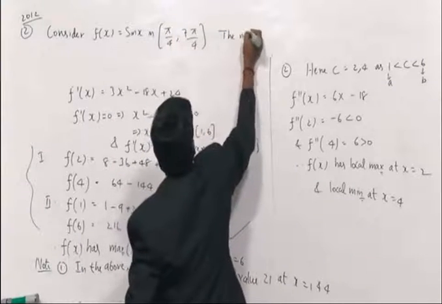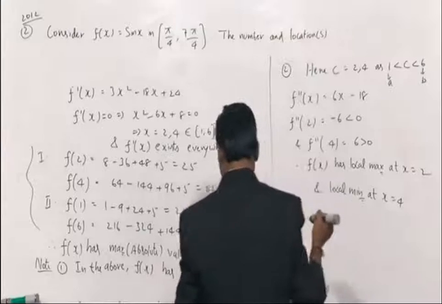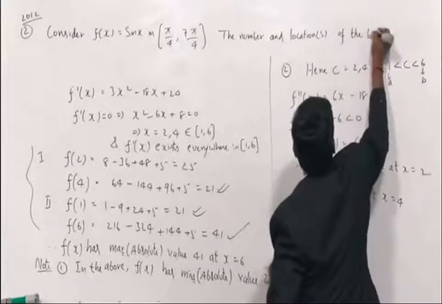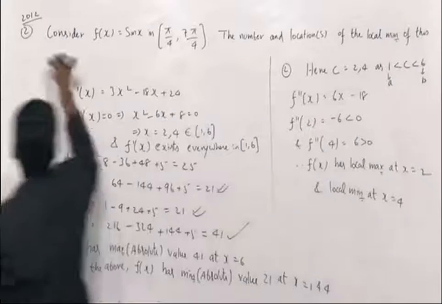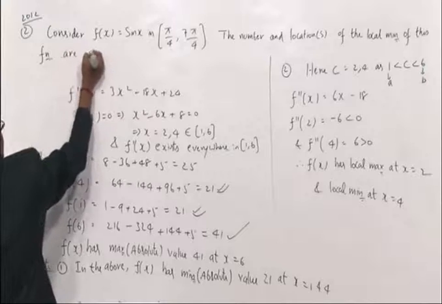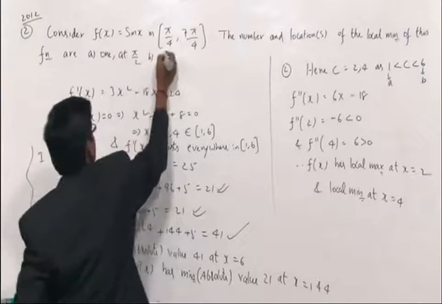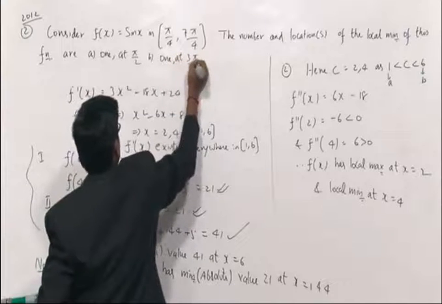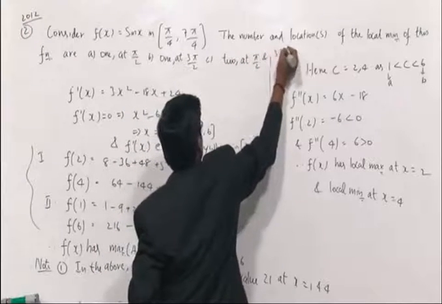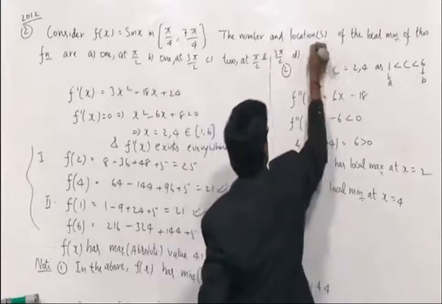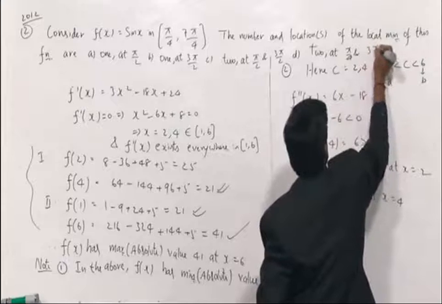The number and location, yes, location or locations of the local minimum of this function are options: A, 1 comma at pi by 2; B, 1 comma at 3 pi by 2; C, 2 comma at pi by 2 and 3 pi by 2; option D, 2 comma at pi by 4 and 3 pi by 2.